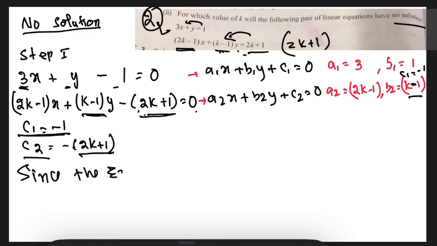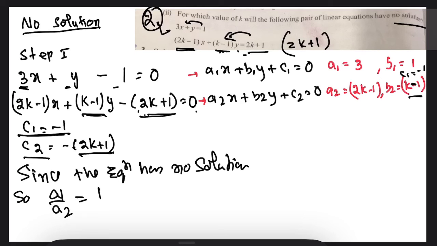Okay, now since the equation has no solution, a1 upon a2 equals b1 upon b2 is not equal to c1 upon c2. If all three are equal, then it has many solutions. No solution means this last one is not equal.